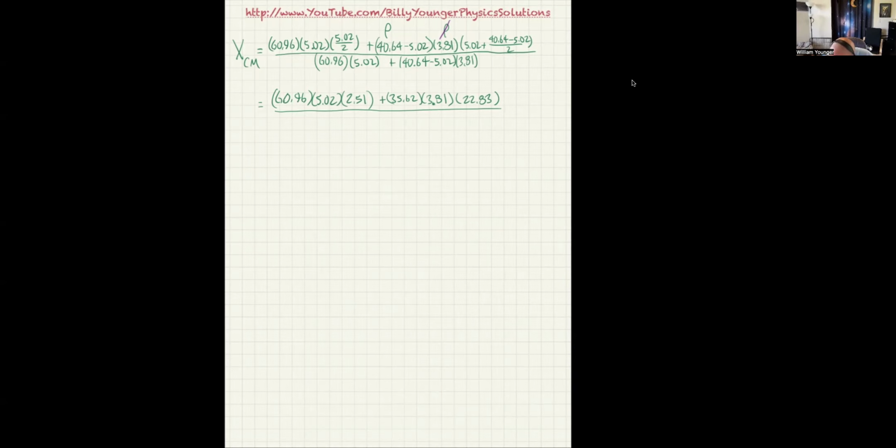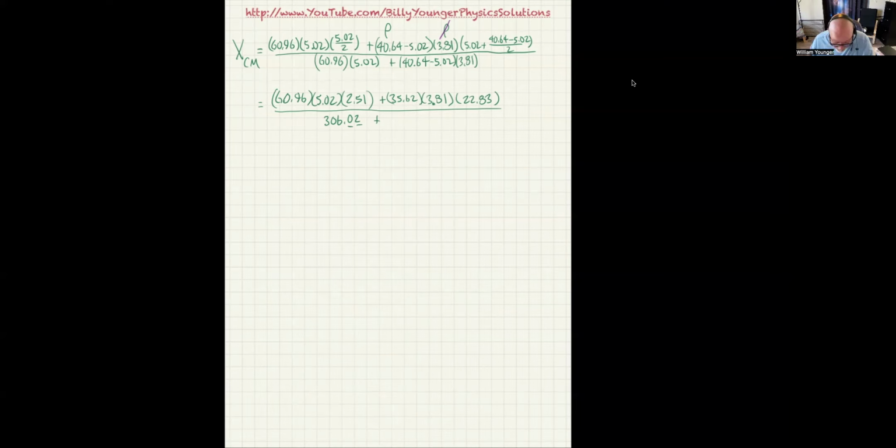and that's 4 sig figs times 3 sig figs. So this gives me 306.02. That gives me 2 extra sig figs for that one. Now this other one is 40.64 minus 5.02.